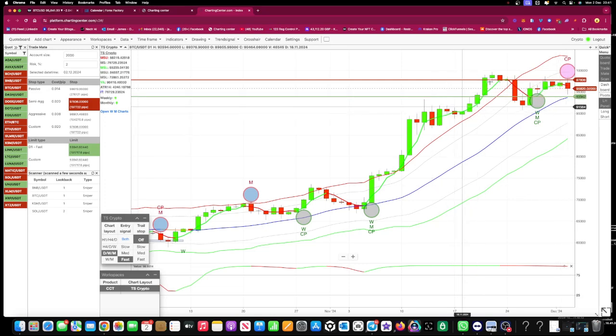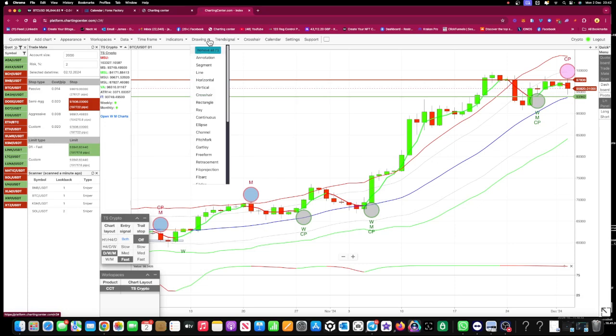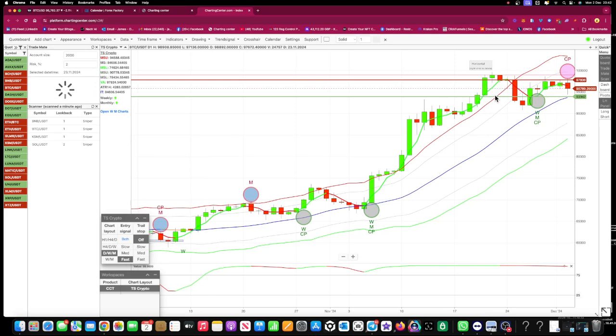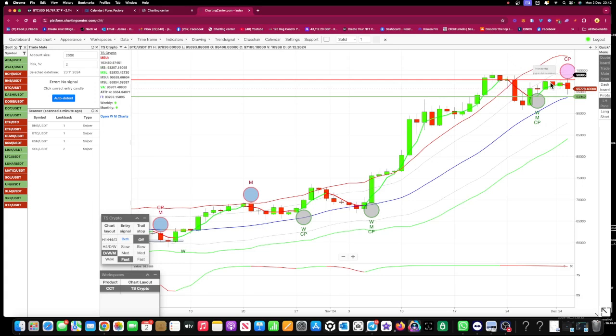And if you look at this, it's come down, it's gone up, it's failed. We've got lower highs. So let's put a line in there, because these highs are lower.